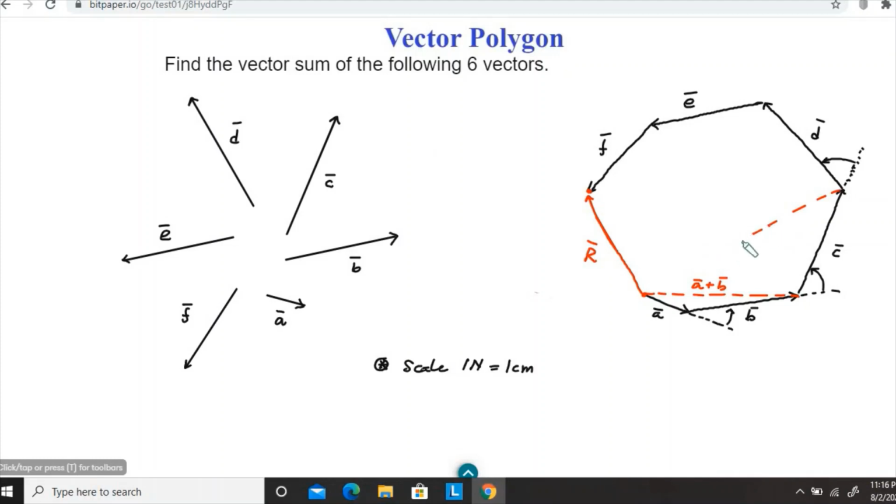So now you have another triangle, and the sum of that would be A plus B plus C. And then you have the other one, A plus B plus C, added vectorially to vector D. So then you have this one.